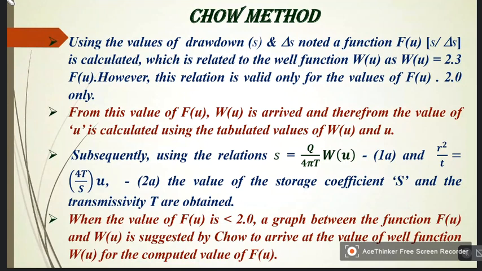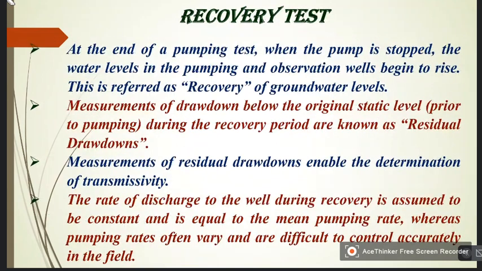However, this relation is valid only for values of F(u) less than 2.0. Right. So from this value of F(u), W is arrived and therefrom the value of u is calculated. Now I will explain this method with the help of an example. That is better.